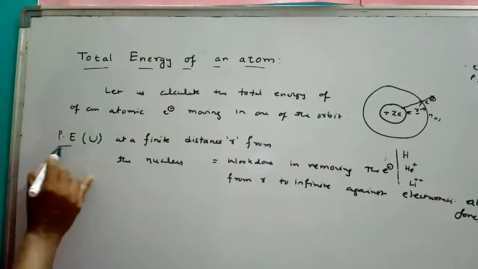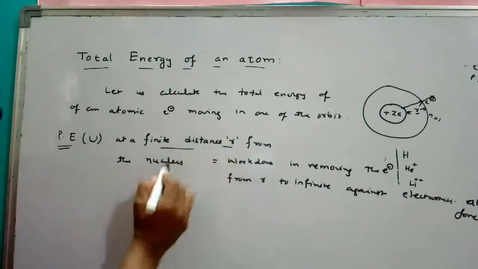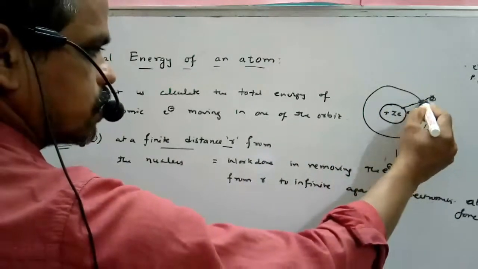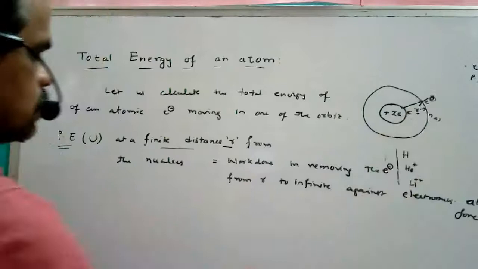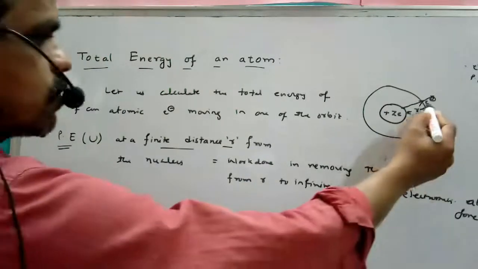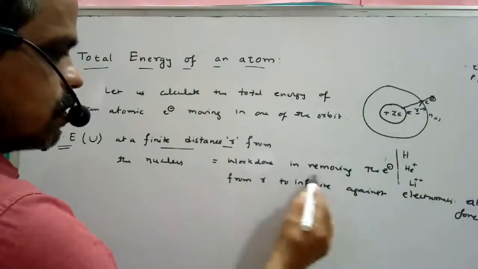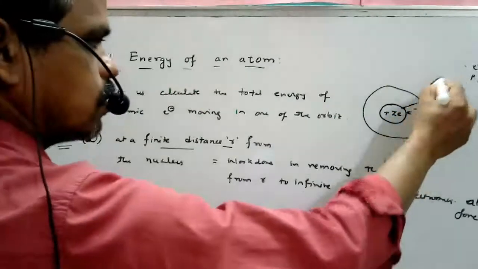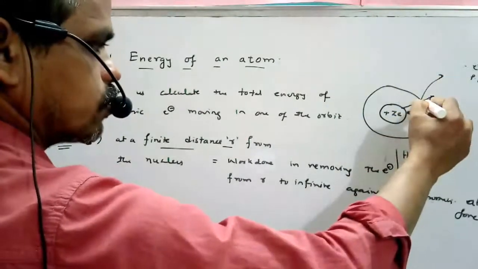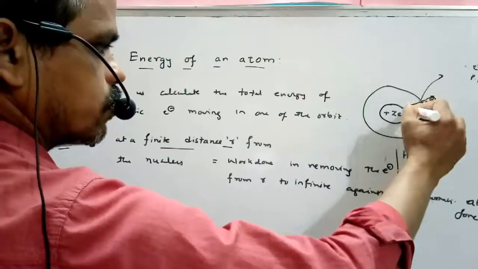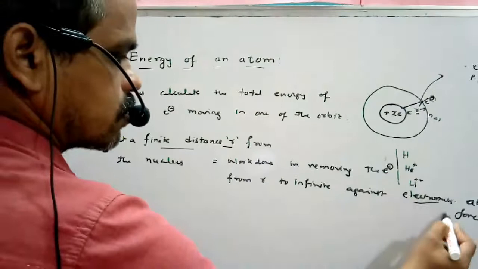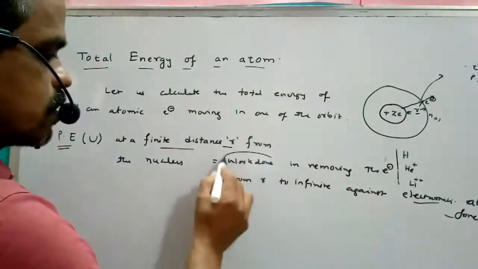Potential energy at a finite distance r from the nucleus is the work done in removing this electron from r to infinity. If you remove the electron from a finite distance to infinite distance against the electrostatic force, how much work is done?